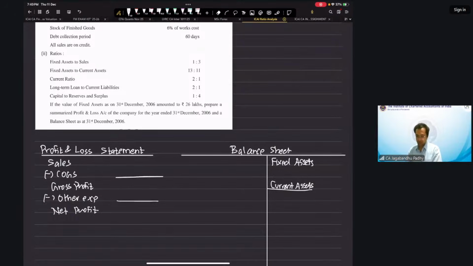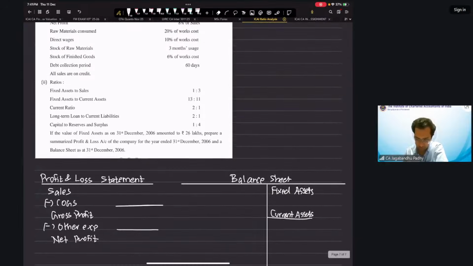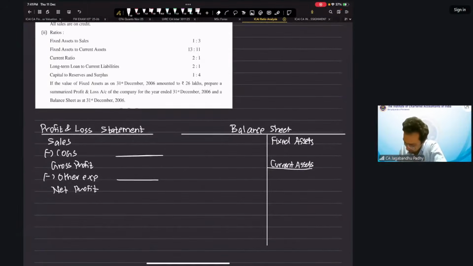In the current assets, we'll have the raw material, finished goods, debtors, and other current assets.